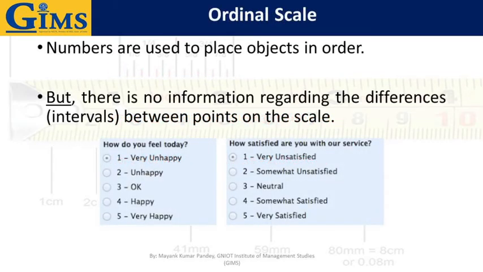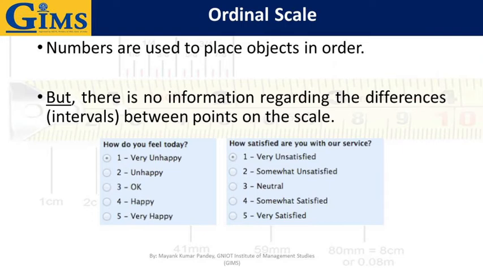Now come to ordinal scale. What we do in ordinal scale is that numbers are used to place objects in an order, right? So if you want to know the level of happiness, that is, being a researcher you want to know how happy someone is, you can ask whether you are very unhappy, okay, happy, or very happy, right?